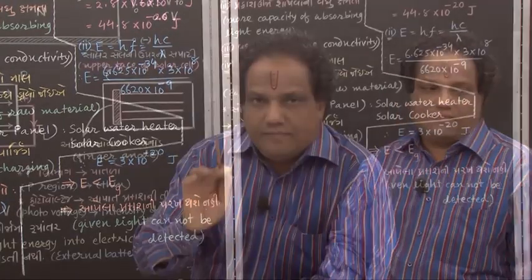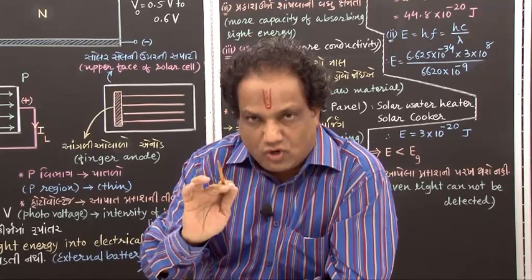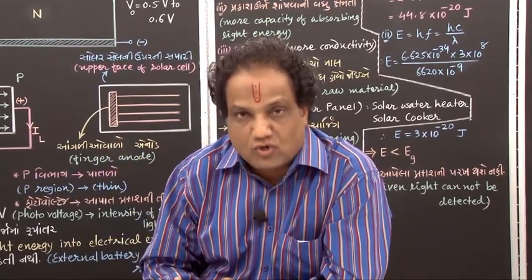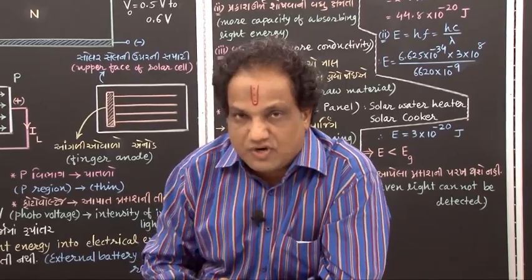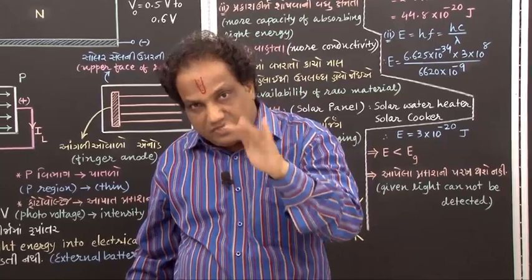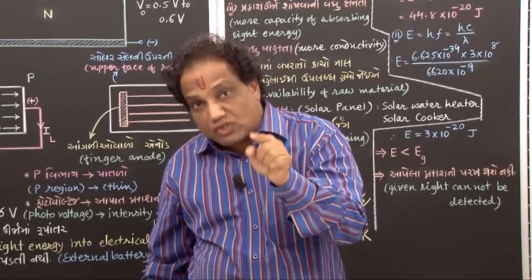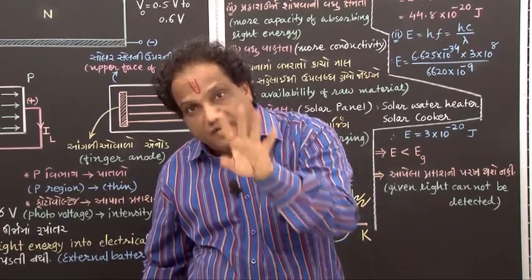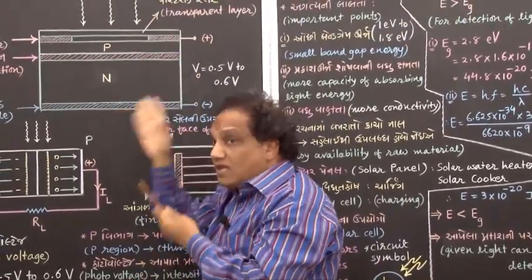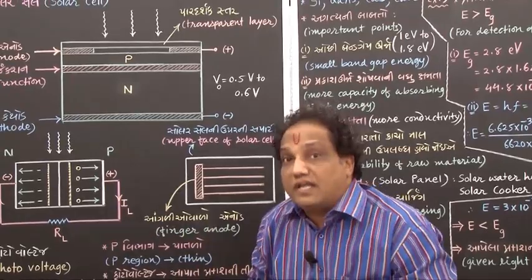My dears, I just forgot to mention two very small points in this short note on solar cell. First point is that in photodiode also we make the light incident, and there also light energy is converted into electrical energy. Here also we are making light incident, and here also light energy is converted into electrical energy.